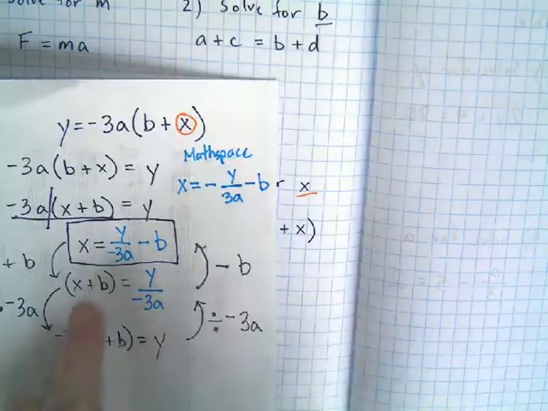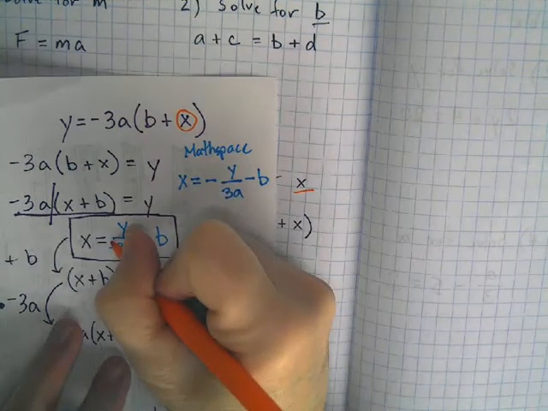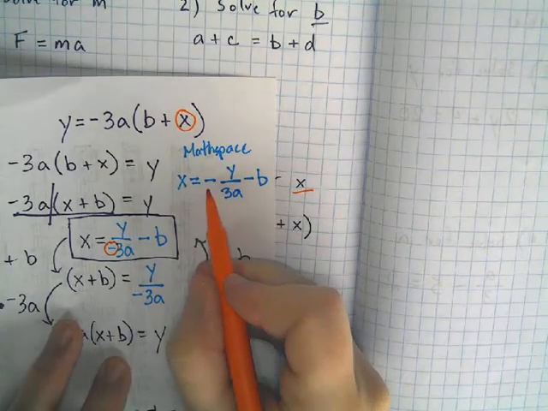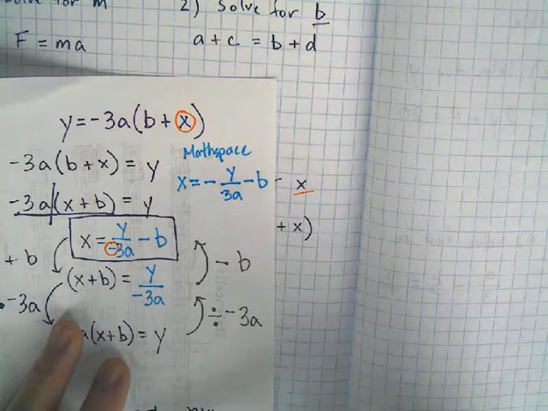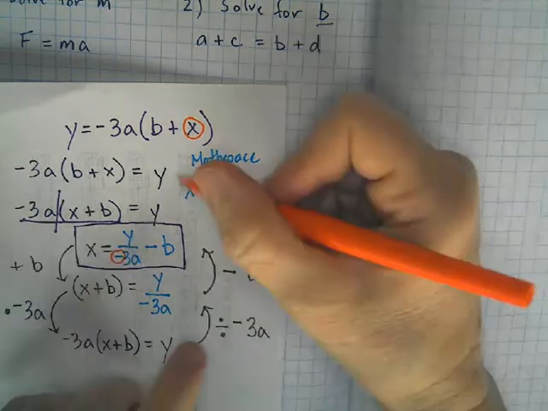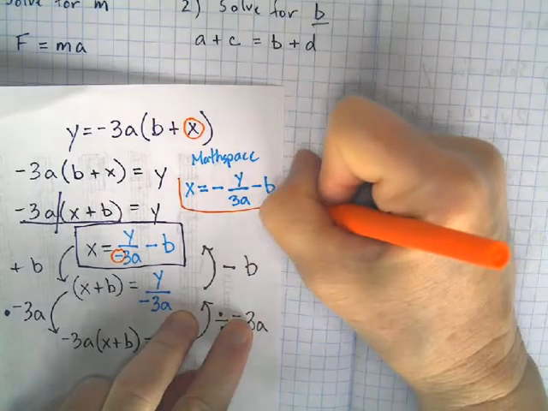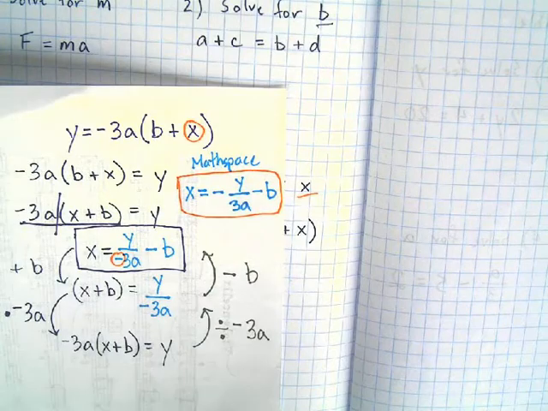Okay, so you see that minus sign right here? You need to move it to the side. We take the minus sign and put it in front of the fraction. That's how MathSpace would like the answer. So for MathSpace, you need to put the minus sign in front of the fraction.